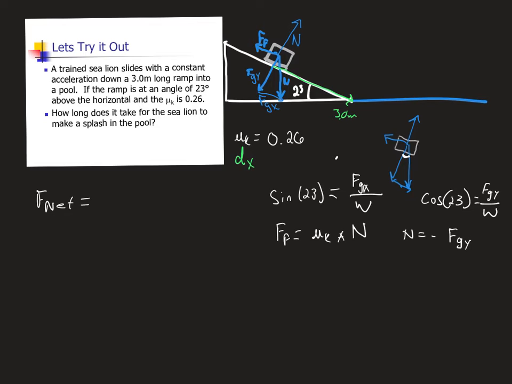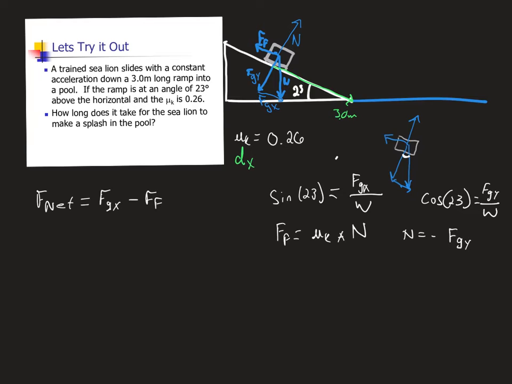And in this case, that becomes the force of gravity in the x minus the force of friction, because force of friction is going to oppose it sliding down the ramp. Okay? So we start manipulating our equations to algebraically substitute some things.